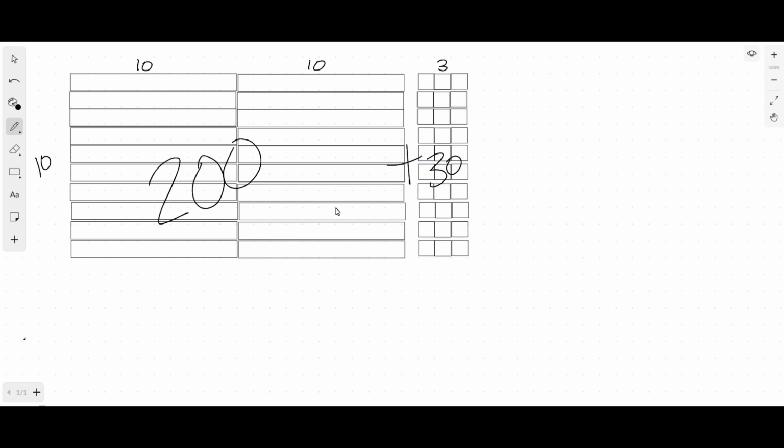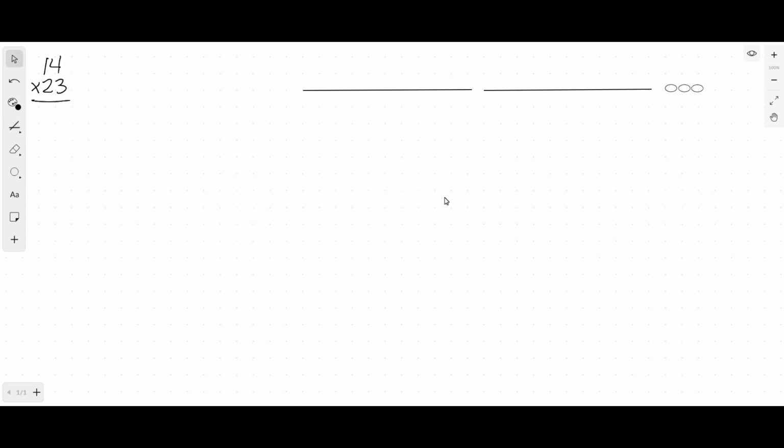Okay, so let's now extend this to another multiplication problem. So let me pause it and clear everything. Okay, so there's tons of issues with this website and trying to get the rectangles to draw. I don't know what was happening. So these are lines and, well, ellipses, but still. I have 23 here, so we're going to write down that this is 20 right here, and here's 3, okay?